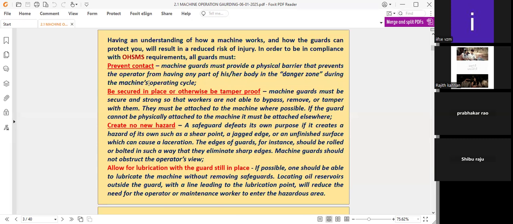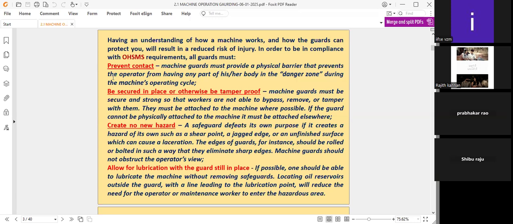Prevent contact, because if the guard is not there, definitely while opening the suction valve or delivery valve, the person nearby can be caught between the two shafts, the pump shaft and motor shaft. If the guard is there, your hand or shirt or body part should not be exposed to the two shafts, the pump shaft as well as the motor shaft, as well as the V-belt drive, the chain, the pulley block, whatever it may be.